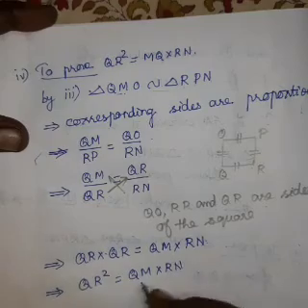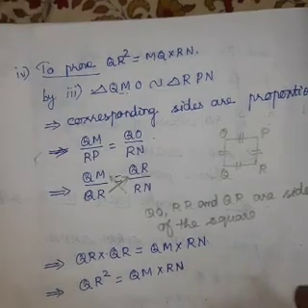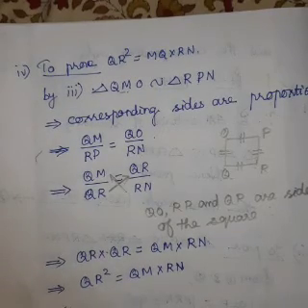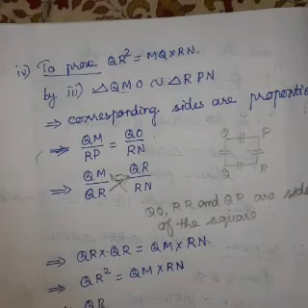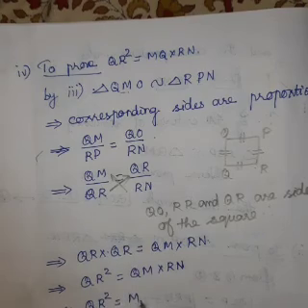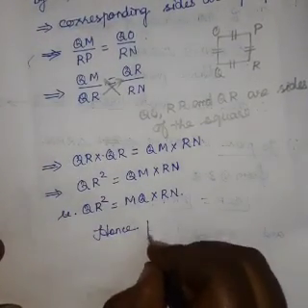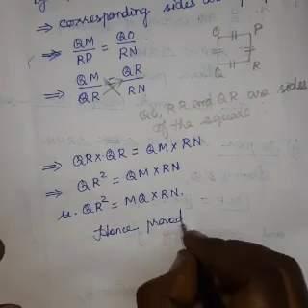This QM is the side of the triangle, that we can write as MQ also. That is QR square is equal to MQ into RN. So we got the answer. We can write hence proved.